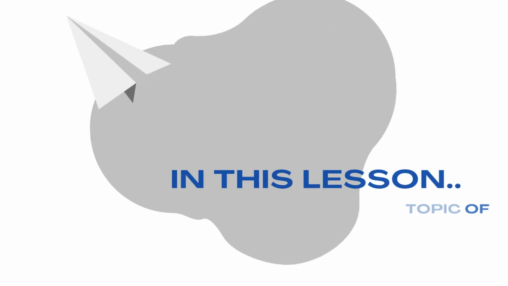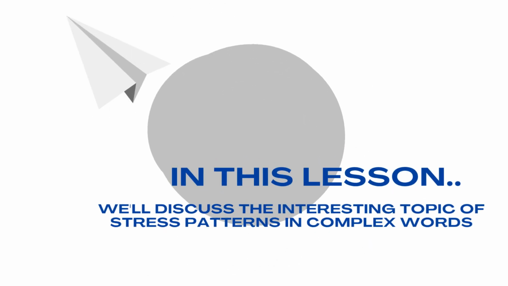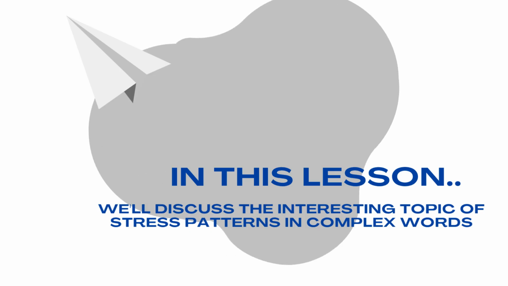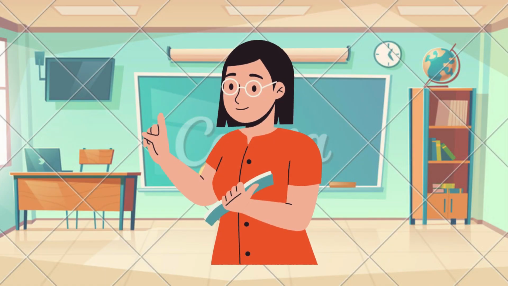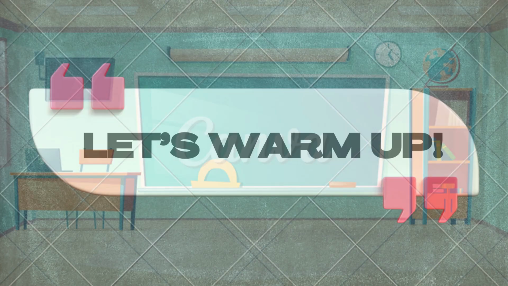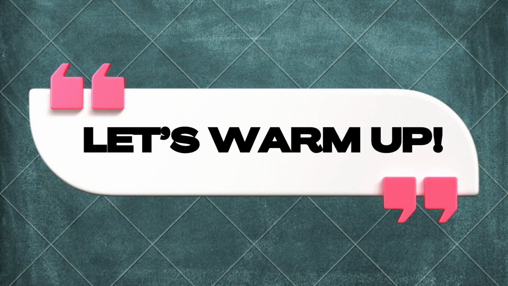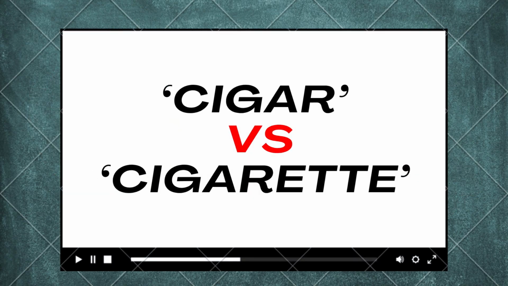In this lesson, we will discuss the interesting topic of stress patterns in complex words. However, before we dive into today's content, let's warm up by pronouncing some words as an example together. You can now pause the video to pronounce the words.